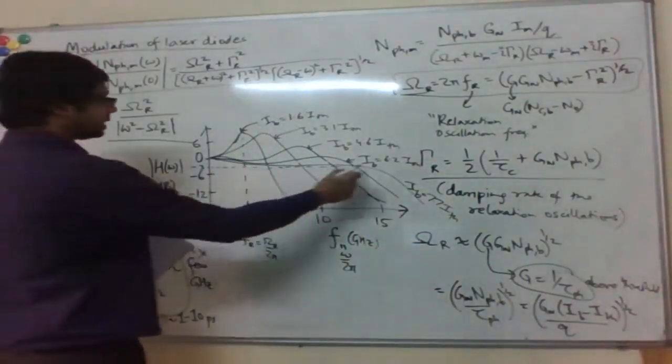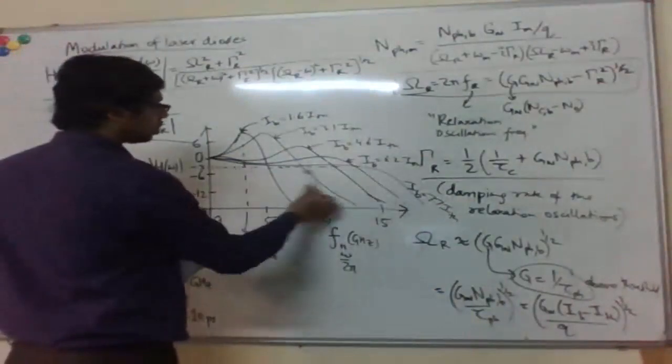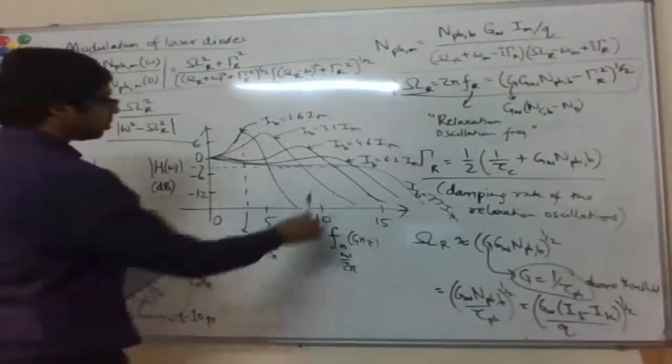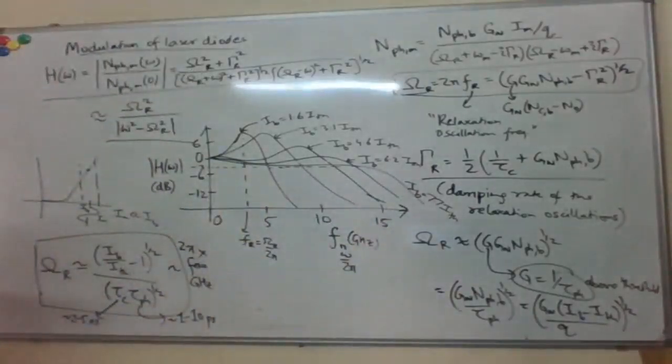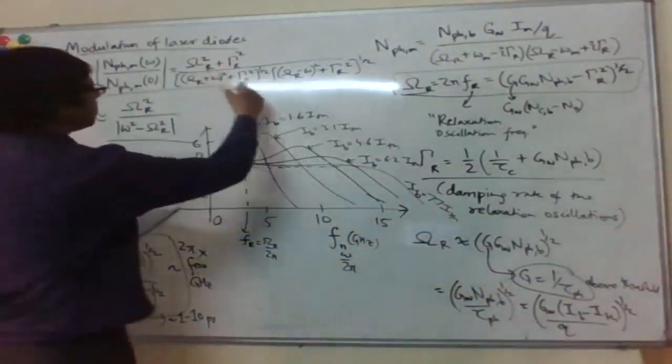And you can see that as you increase the bias current, you can go to pretty high frequencies, even beyond 10 gigahertz. What is plotted here is the complete expression.